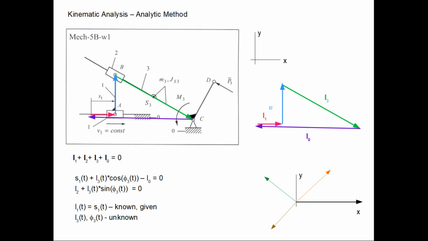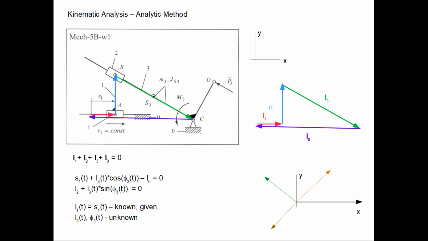So we can project these vectors on two axes. As you can see, this equation gives you the projection of the vector sum on the x-axis and on the y-axis. For some cases when this is not confusing, I just dropped the cosines and sines and just drew the values of these projections.